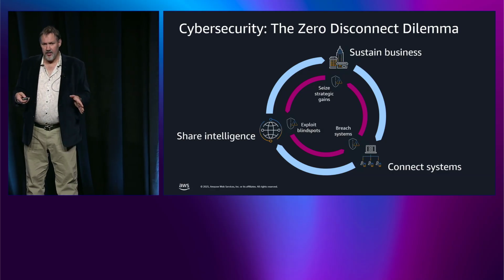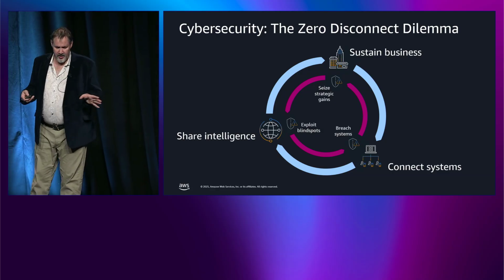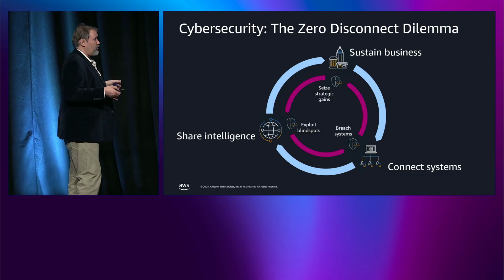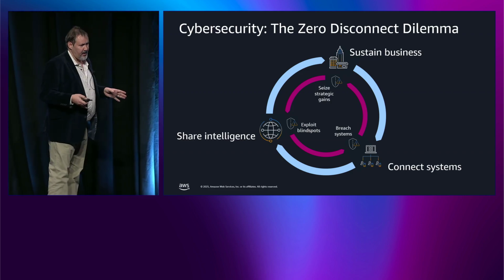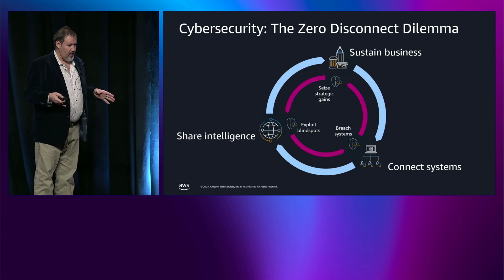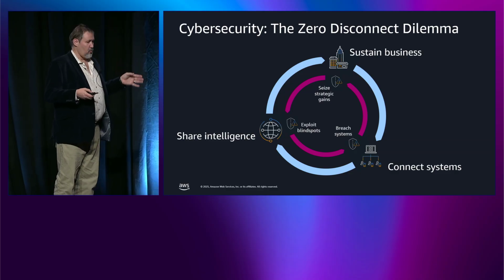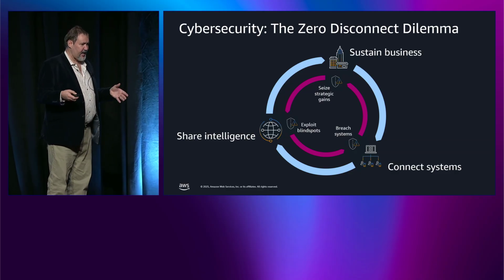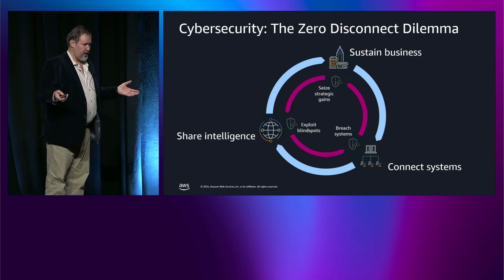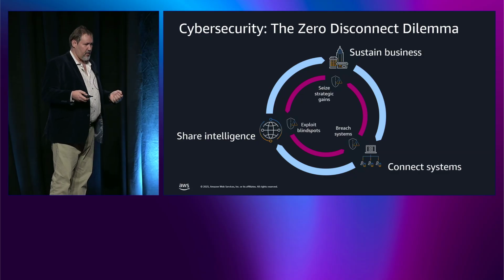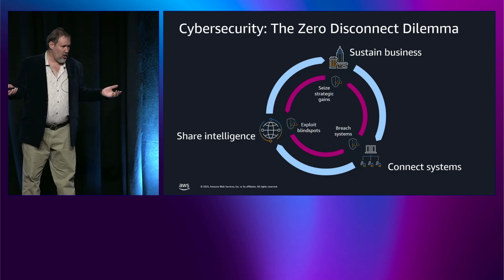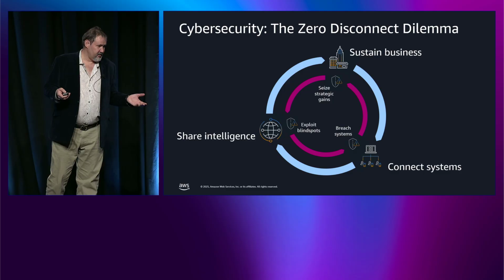What we have in many organizations is this dilemma, what we call the zero disconnect dilemma. It's a dichotomy. On one end you have an organization that wants to proverbially and physically keep things connected, networks, or they want to be in the know as far as what they know about cyber threats.